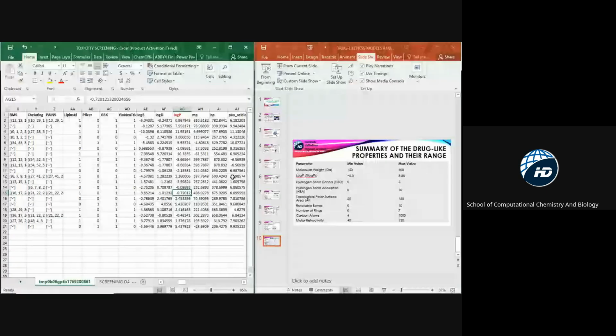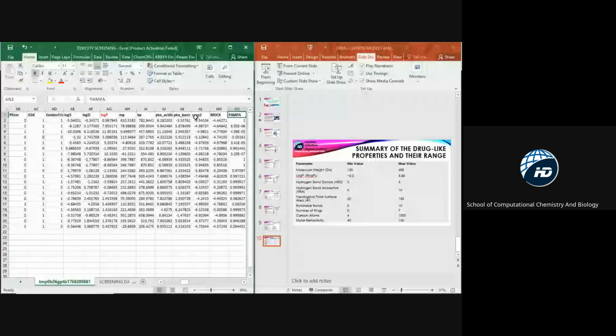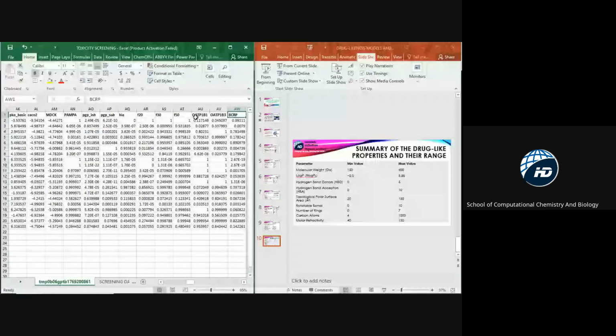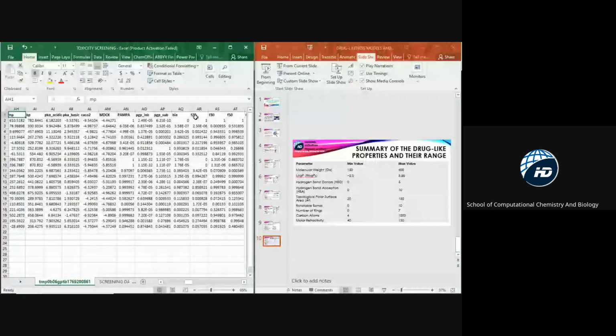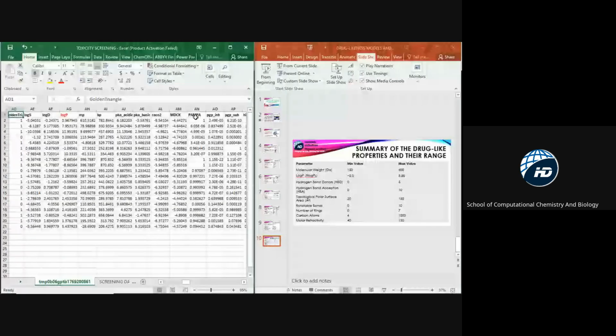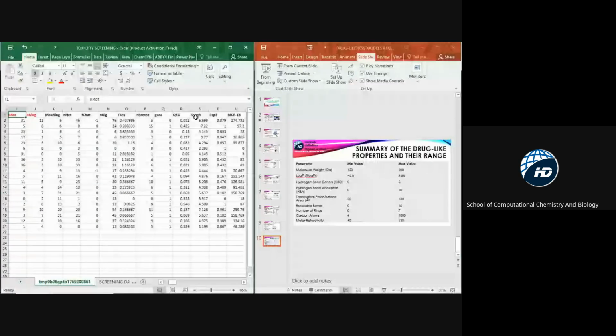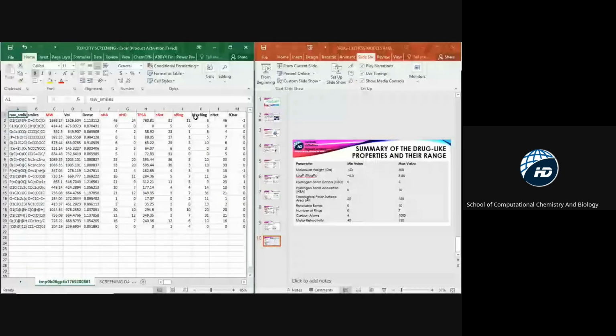What is remaining now is molar refractivity. Let's know what ADMET used to represent molar refractivity. I don't want to stress myself going back to ADMET.